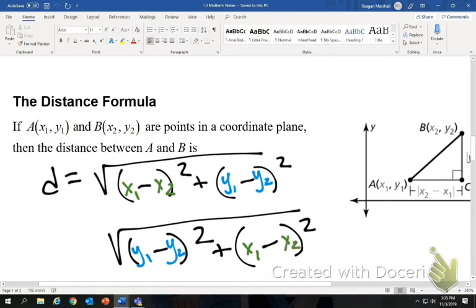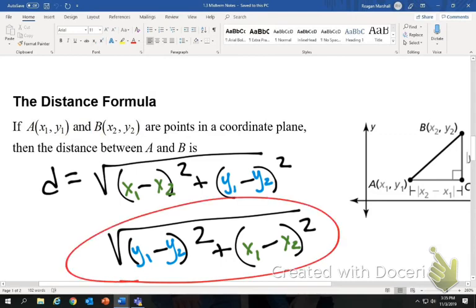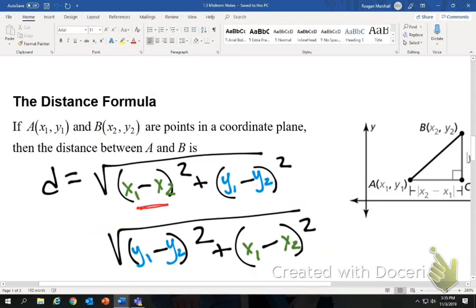It's the same as y1 minus y2, and then x1 minus x2. Sorry, I realized after I said it this way, I believe the way you learned it was with y's first. But it doesn't matter because you're adding. So if this is the way we did it, then do it this way. But again, it's the same exact thing because you're going to subtract first.